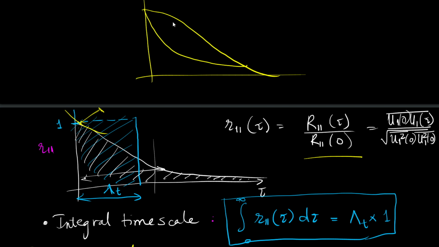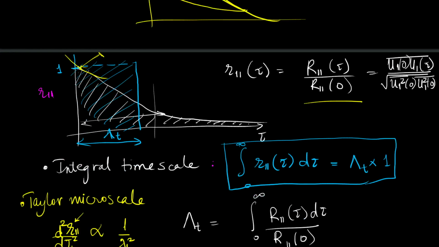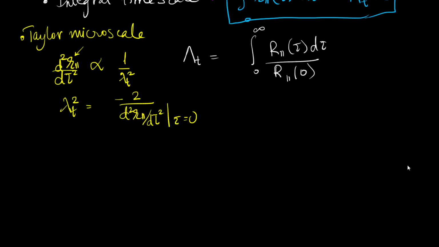But these are all ad hoc definitions. This is nothing very physical. But regardless of being ad hoc or not, they help you in providing insight into the temporal or spatial structure of how well things are related.